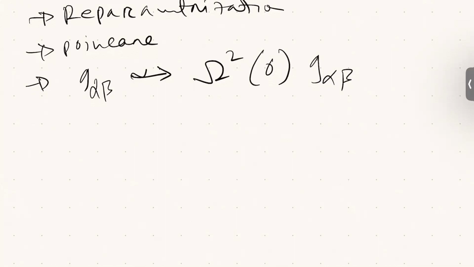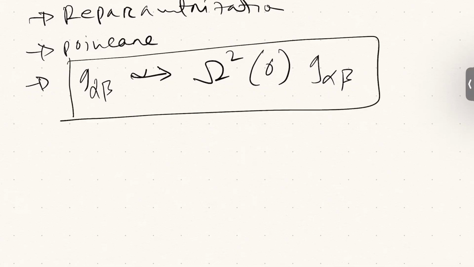But let's not go there right now. But because you have this symmetry, using this symmetry and making G mu nu as eta mu nu, the action that I wrote is something like this.